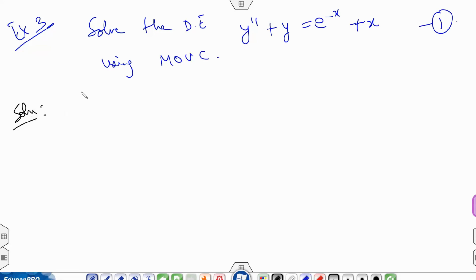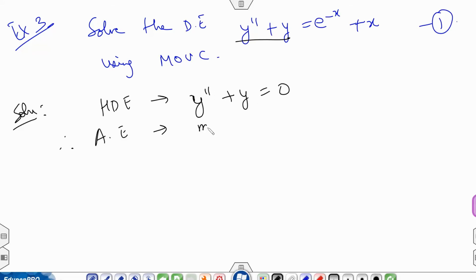Again, you know that you have to solve the homogeneous differential equation. So the homogeneous differential equation is y double dash plus y equal to 0, and therefore the auxiliary equation is m square plus, sorry, this is y dash. Just make a change in the question. This is y dash, so I have to put y dash over here, and this gives m square plus m is equal to 0.